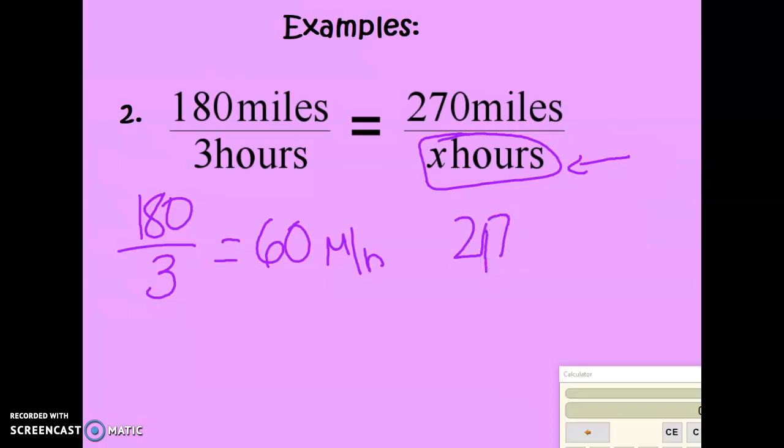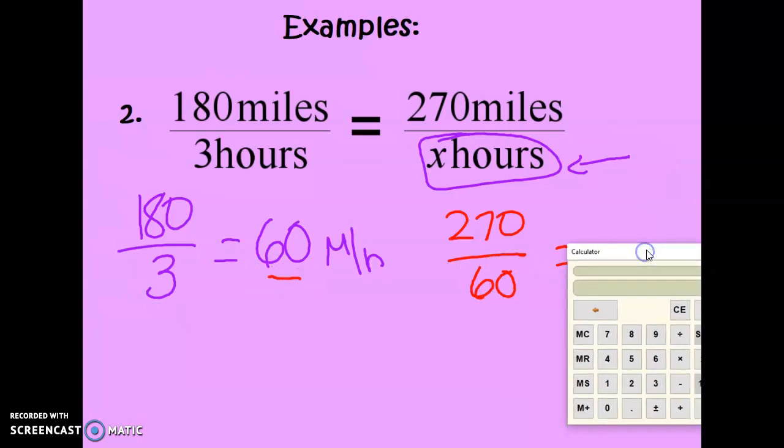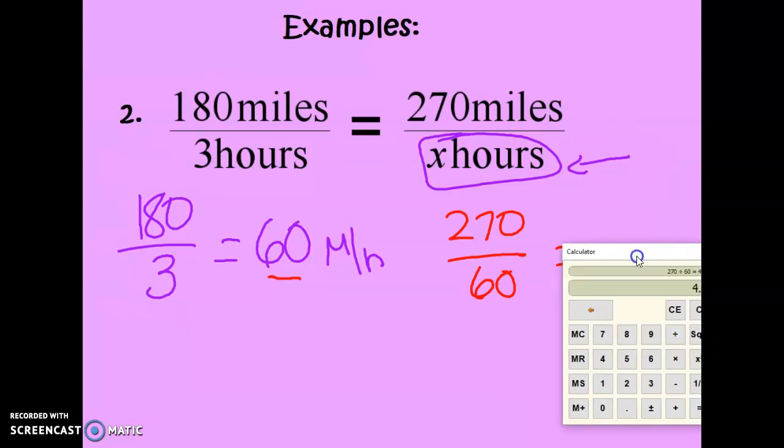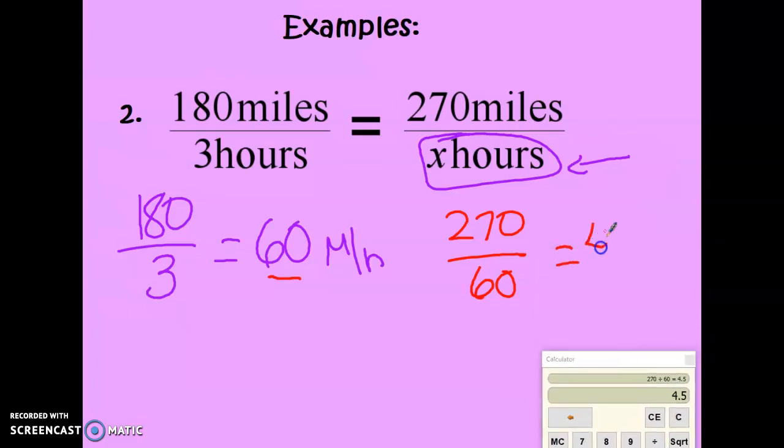Let's try that again. 270. We're going to divide that by our 60 miles per hour. Okay, so 270 divided by 60 gives us 4.5. Okay, so we can travel that in 4.5 hours.